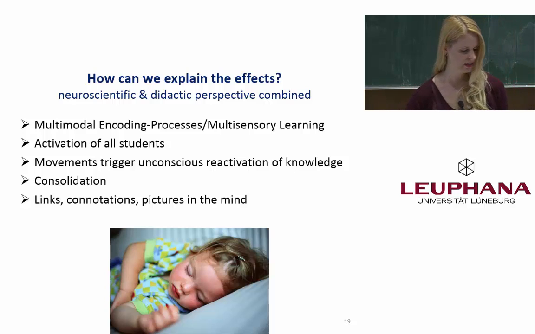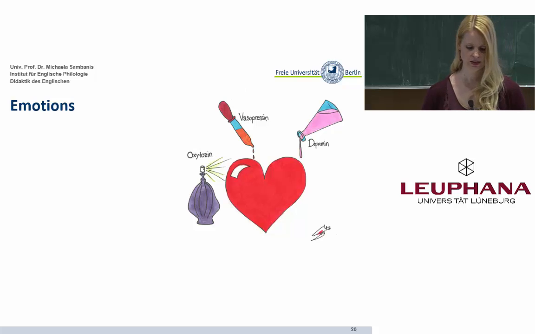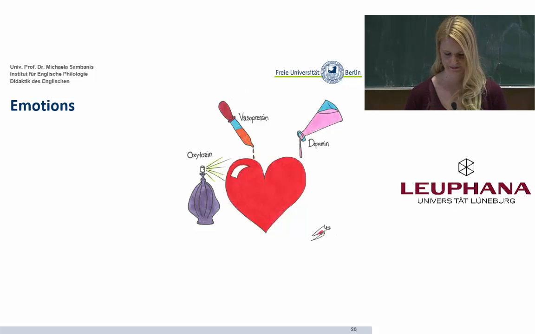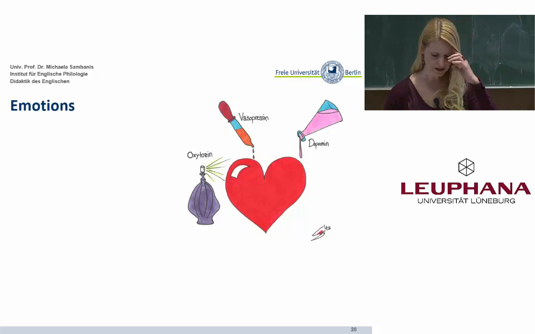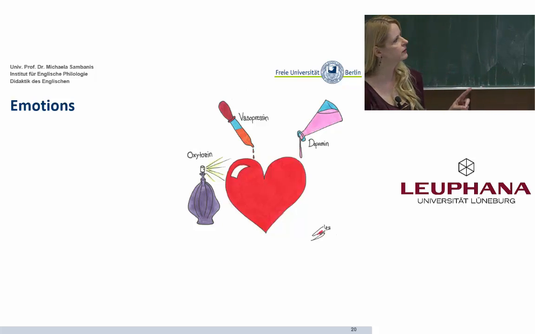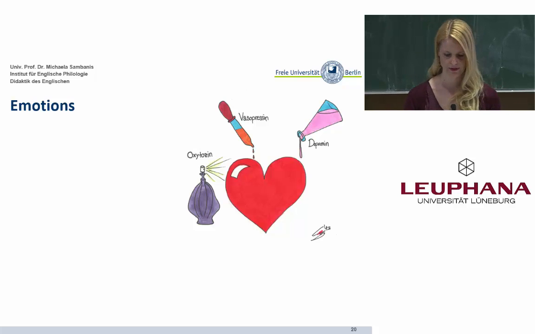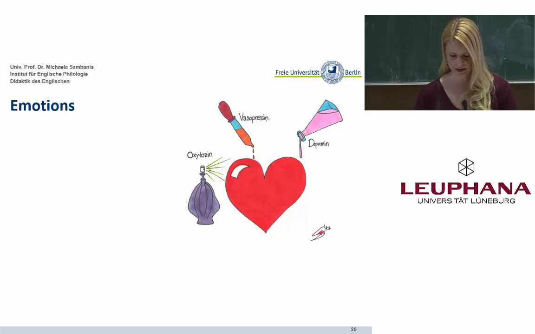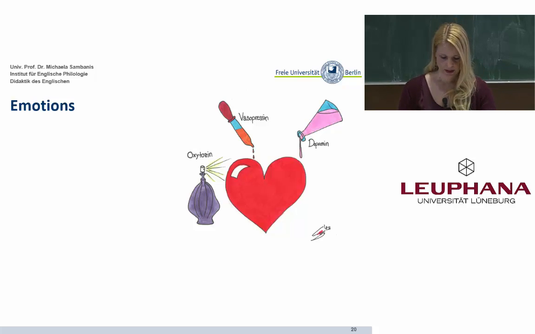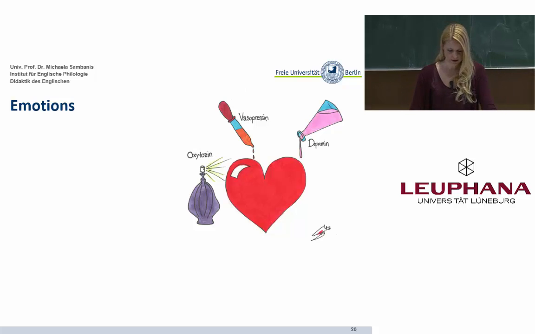And this leads us to the next topic, the influence of emotions on learning. In the picture, you can see the biochemical ingredients of love, any kind of love. Oxytocin, vasopressin, and dopamine. And dopamine, the third major ingredient of love, is the neurotransmitter that is associated with the brain's pleasure, motivation, and reward system.